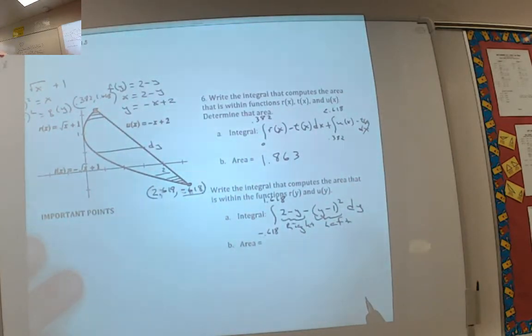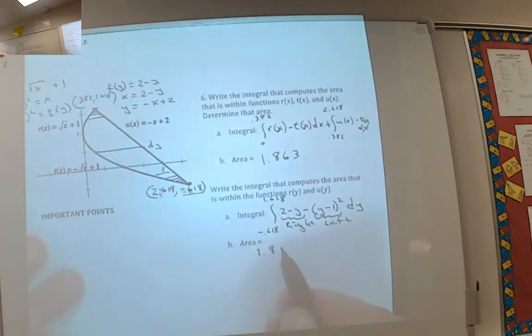And if I integrate this and do it correctly, Jack Luukkonen, what should my area be? The same. Should be the same, because the thing didn't change, did it? It's the same shape. And bounded by the same functions, correct? Just different names. So I should have 1.863.